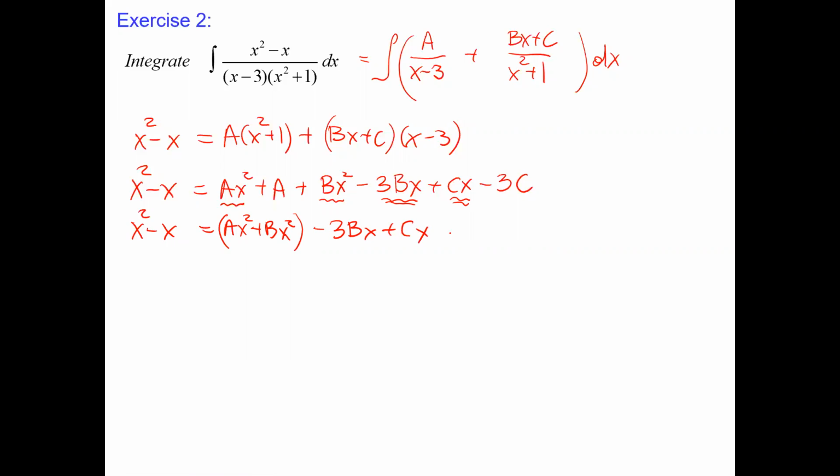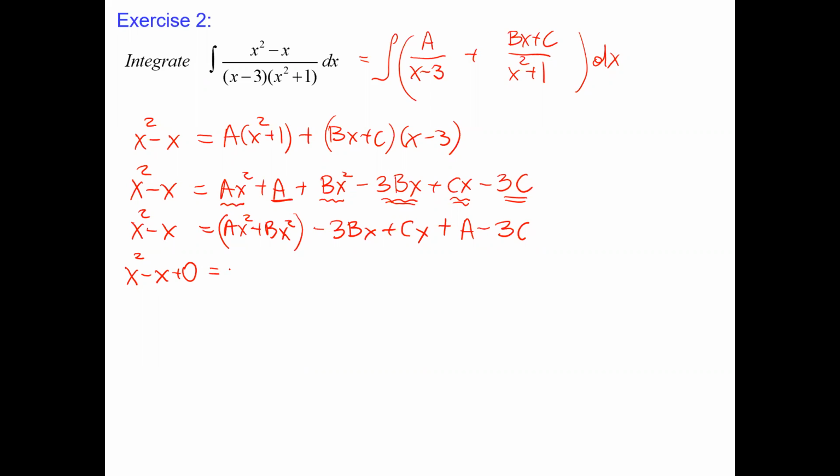I will combine these two. And then we have a constant, A and -3C. Now I will rewrite this, x squared minus x, and let's say plus 0, the constant.